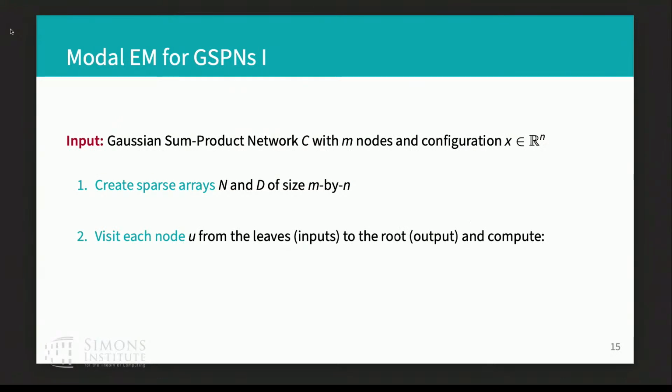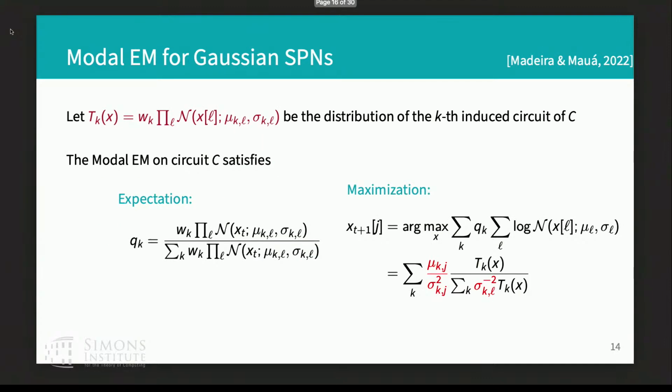We have to compute the numerator part here, and then we have to compute this denominator, right? So we propagate two arrays. Each node needs to compute the numerator and the denominator, and you need to do that for each component of the point that you are computing, right? So this is the next point, and this is the jth component.